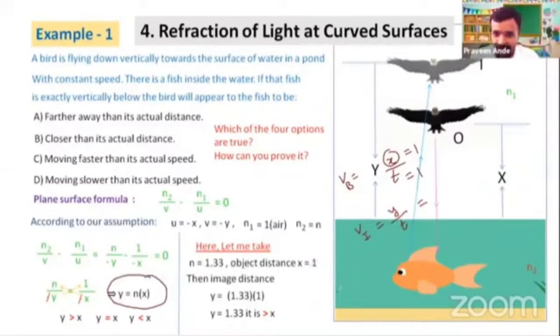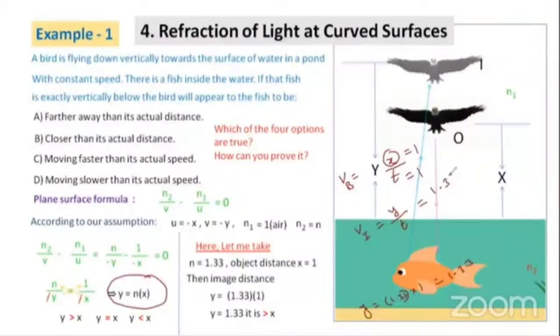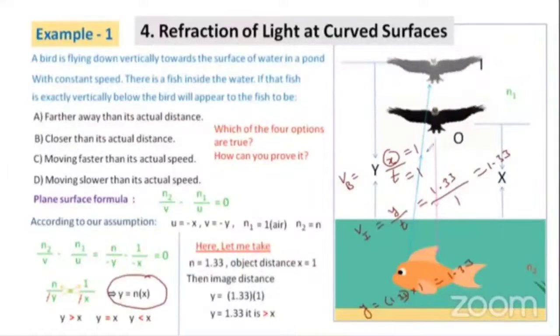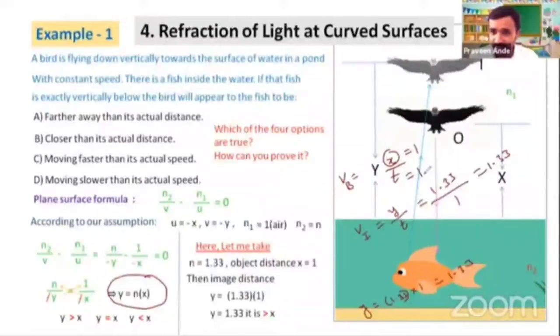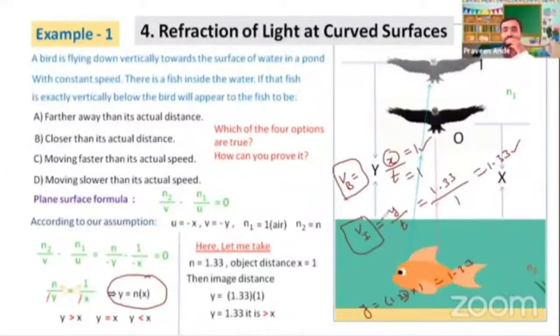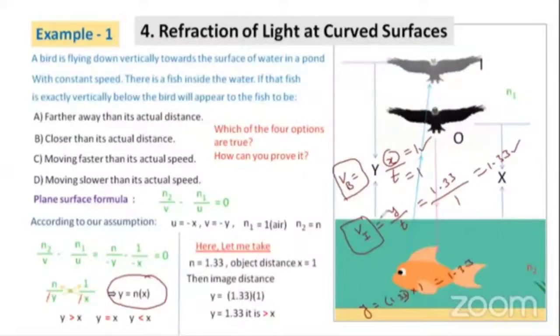Using this relation, y equals 1.33 into 1, that is 1.33. So 1.33 by the time taken, only 1 second, gives 1.33. So the speed of the bird is 1 and the speed of the image is 1.33. So who is moving faster than its actual speed? The image. Is it clear now?